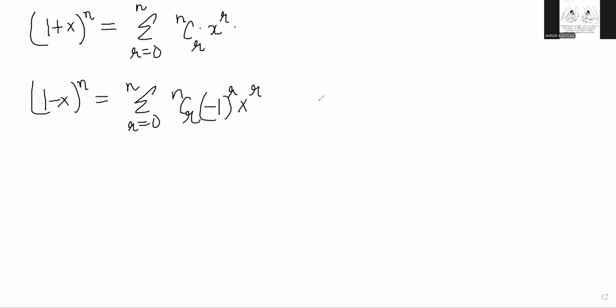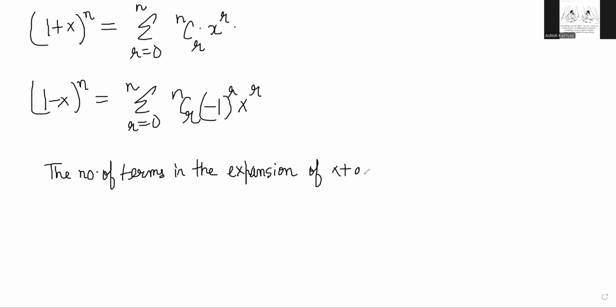Now, obviously, you should know the number of terms in the expansion of (x + a)^n. The number of terms are n + 1, because you should realize that r goes from 0 to n.